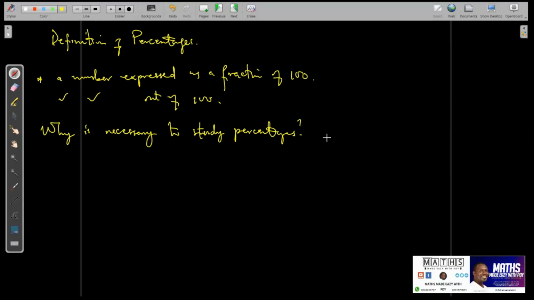When you take a percentage of a number, let's say the number is like 10,000 or a bigger number, it helps you to reduce the size of the number, but you still maintain the worth. Okay, that's good. Can you cite an example?